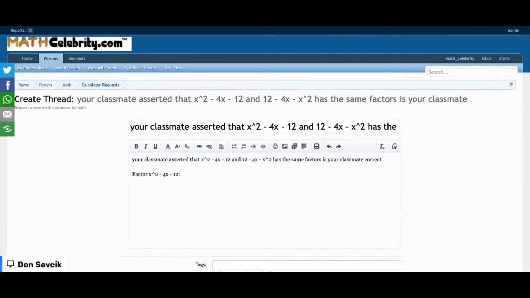And when we do that, we get... I can't paste the table here. So what I'm going to do is x plus 2, x minus 6. Okay, so this one is x plus 2, x minus 6.